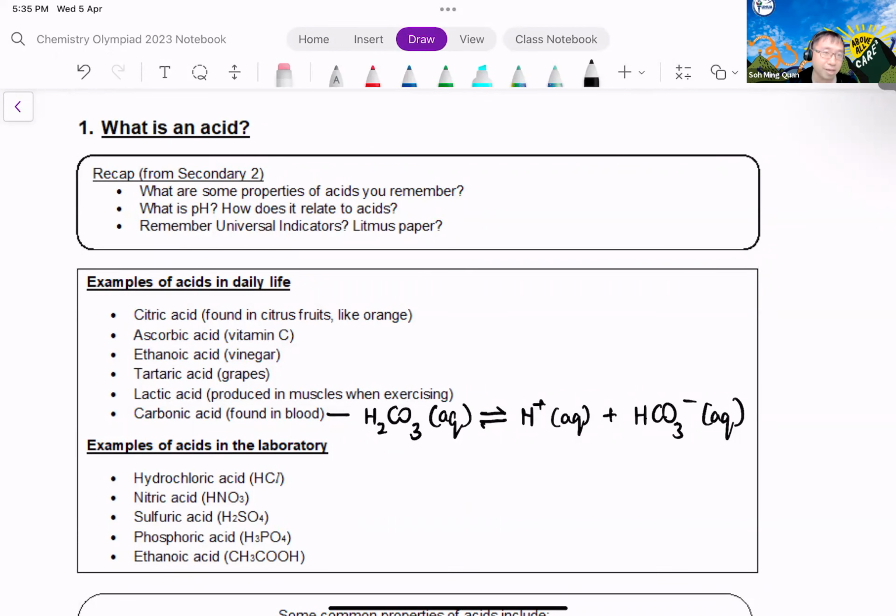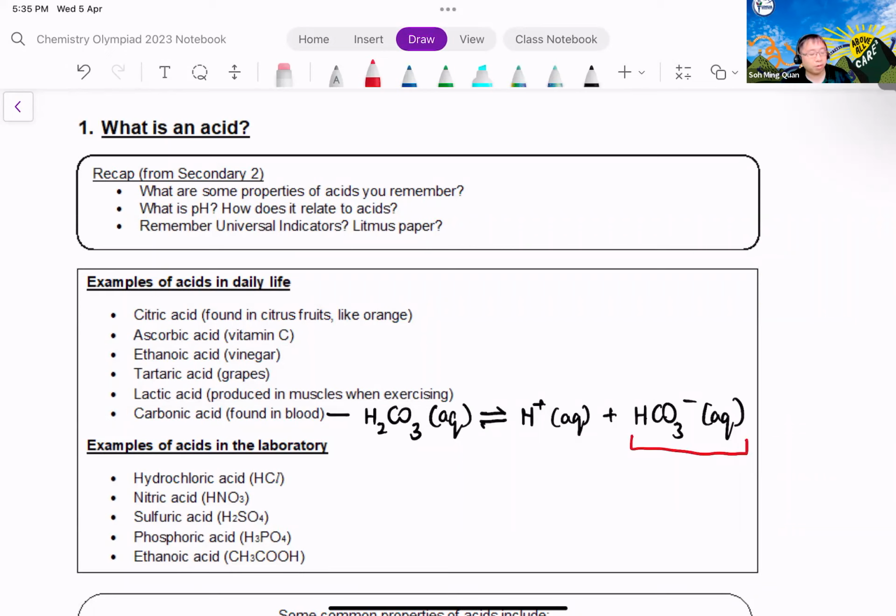Now, carbonic acid dissociates and ionizes in aqueous solution to form H+ ions, which really goes to show that it is an acid, because it's able to produce H+ ions when it dissociates and ionizes in water. But something else that's interesting is, what else does it produce?